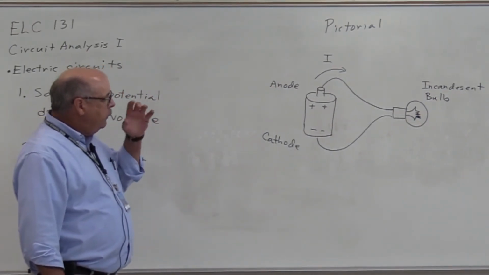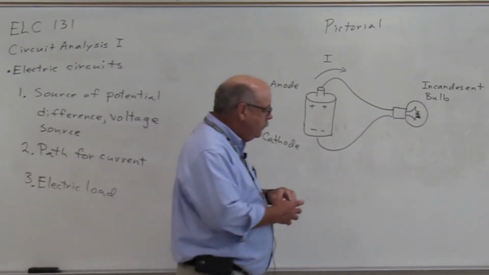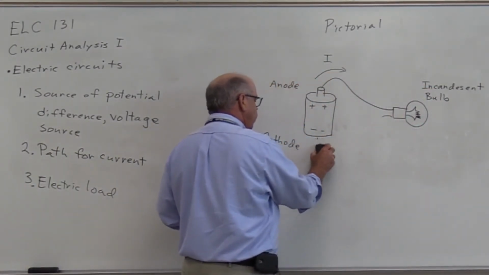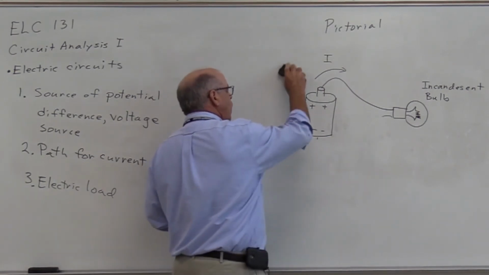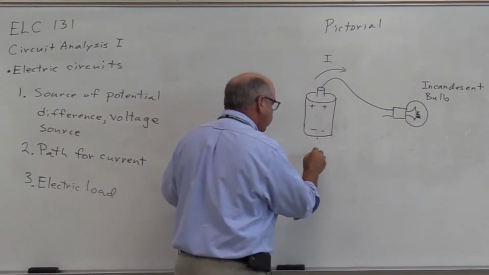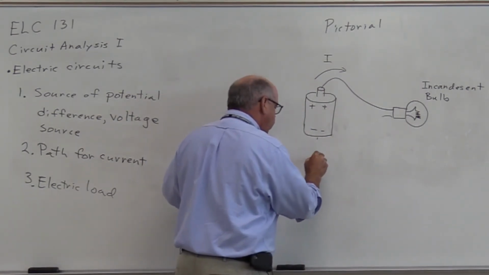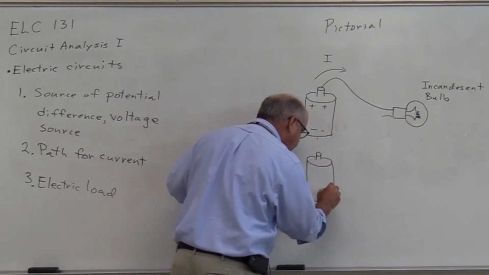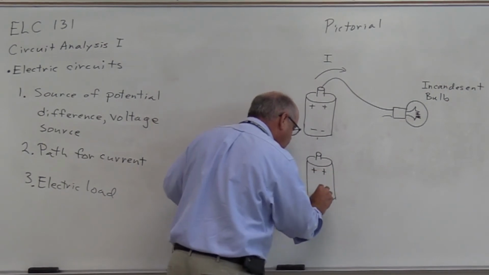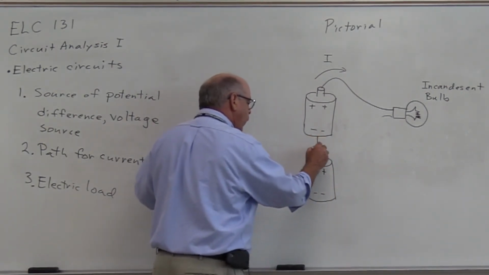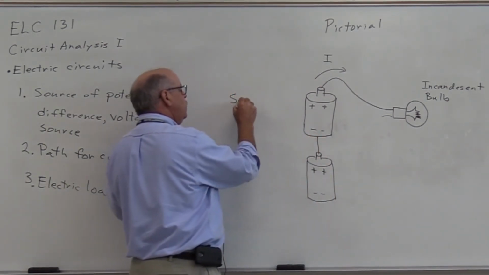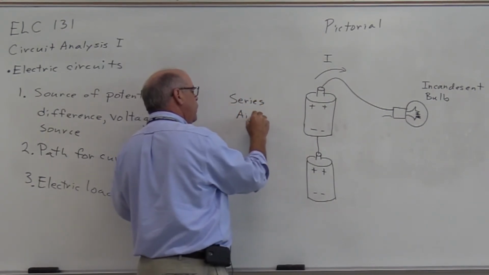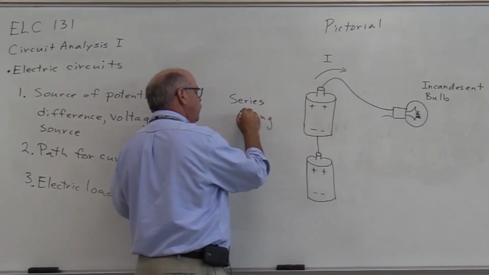Now, with my electric circuit, I could increase the voltage applied and increase the current flow by connecting two sources in what we call a series aiding configuration.